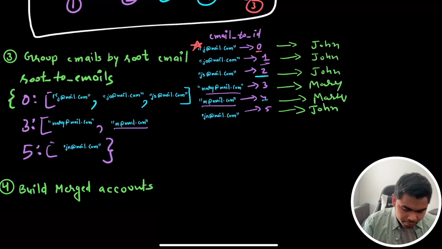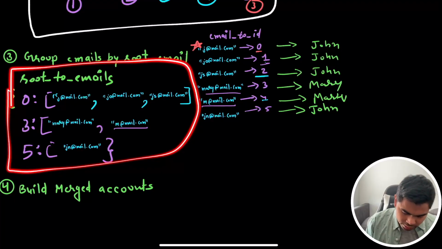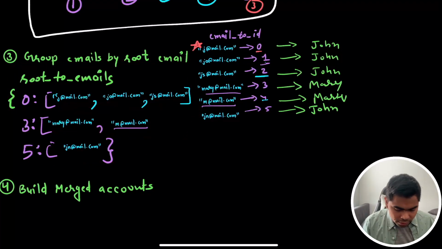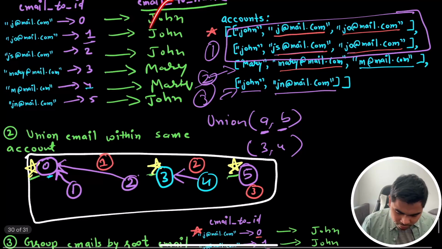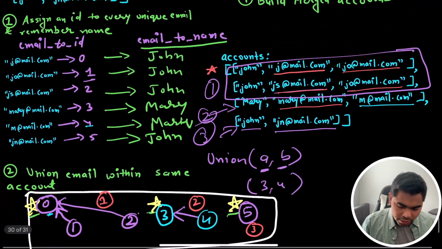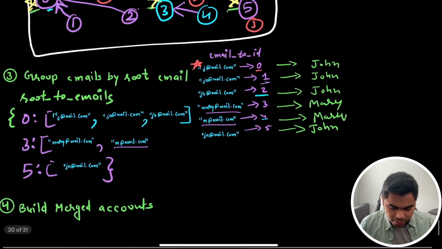That last step is going through this root to emails dictionary, and then grouping all these emails, putting them into one account, and for this ID or first email, you can find the name. Where are the names? Names are right here in this other dictionary that we just created, email to name. We created it right in the beginning.